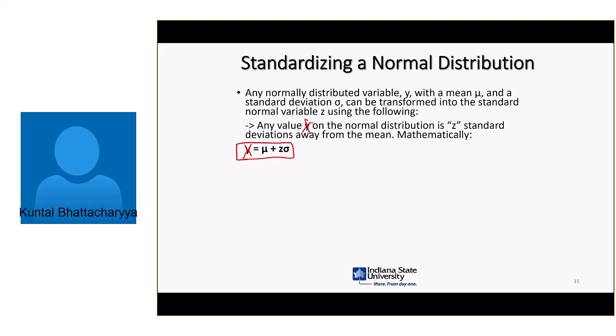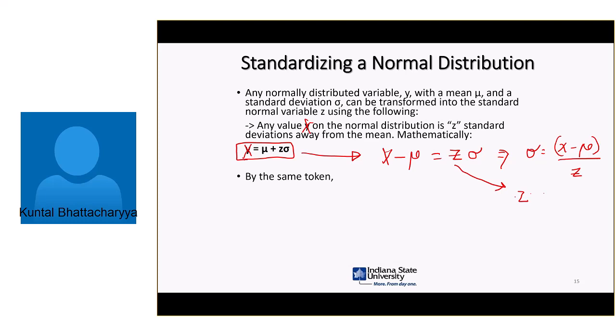On that same token, if you rearrange this, you can say x minus mu equals z sigma, or sigma equals x minus mu over z. You can also say from here that z equals x minus mu over sigma.